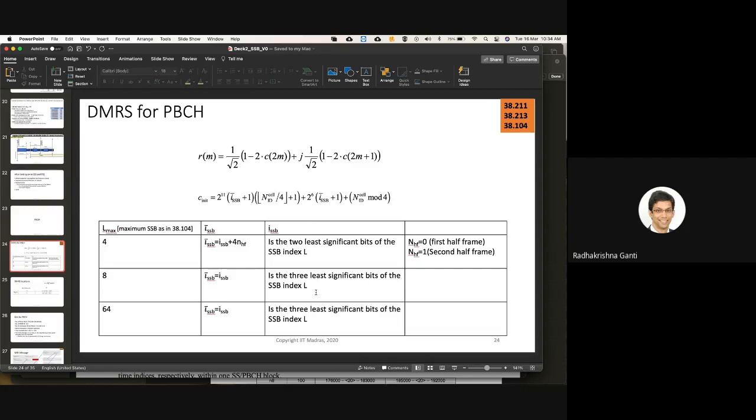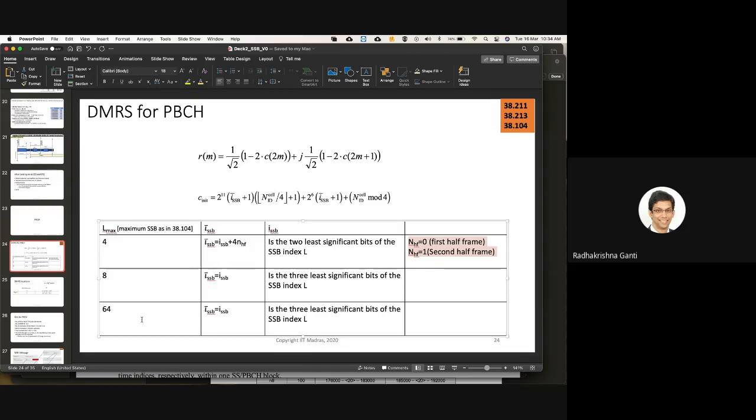Yes. Okay. So in the case of L max 4, I_SSB is 3 bits now. What they did was multiply by 4 the half frame bit n_HF. So the last 2 bits are occupied by the SSB index, and the next bit is occupied by whether you're on the first half frame or the second half frame. Once you decode your I_SSB, which is 3 bits, the 2 bits will be the SSB index, and the other 1 bit will be which half frame you are in.